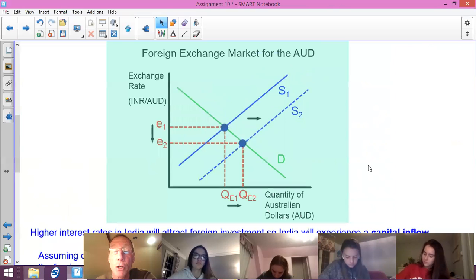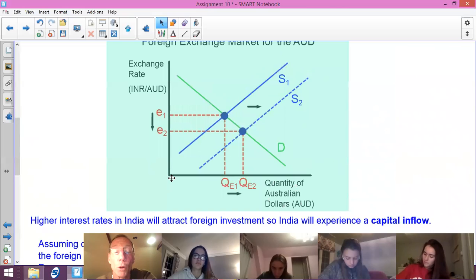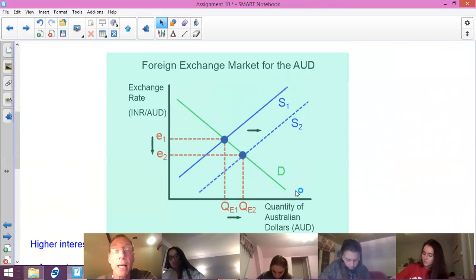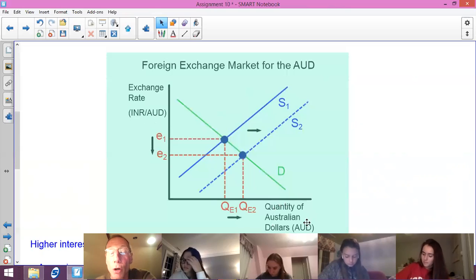Now, in your vertical axis, you're going to have the other currency, which is the Indian rupee, in the numerator over the currency that's the quantity that you're looking at in the horizontal axis.